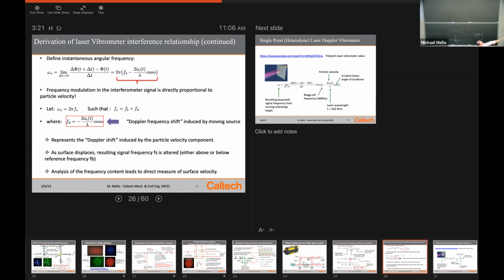This is the key. If the sign of U dot is plus or minus, then the sign of that phase term, which I'm calling omega S here, is going to either shift to the right or to the left of this Bragg signal. And when you do the FFT analysis, and they do it for you, you buy a commercial device like this, you don't sit down and take the data and do FFTs.